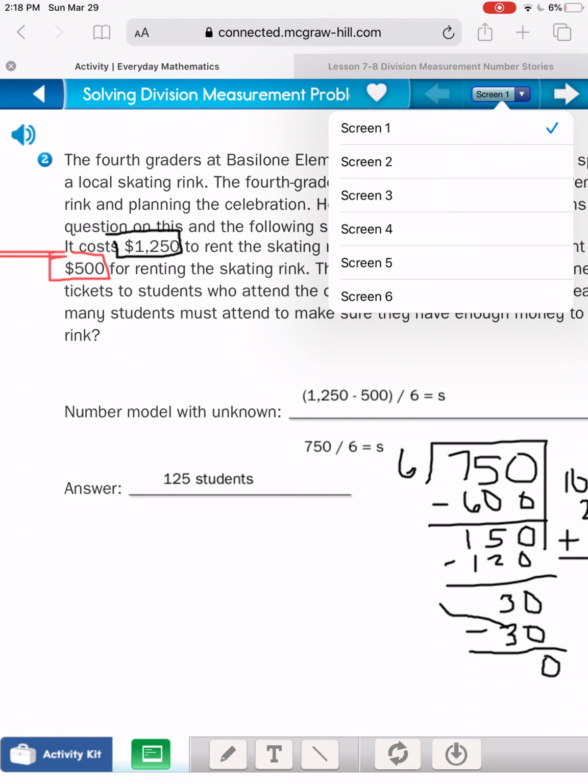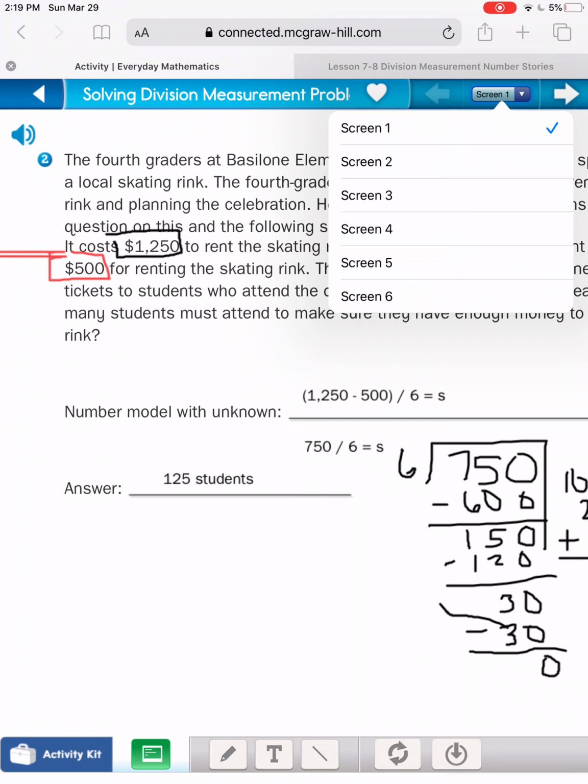Just a couple tips to remember before you get started and my iPad dies. Remember to read the question and make sure that you understand what you know from the problem and what you need to find out. Check to see if you need to do a measurement conversion like we had to do before.